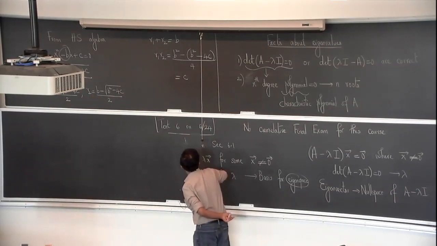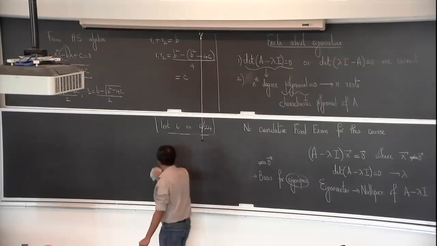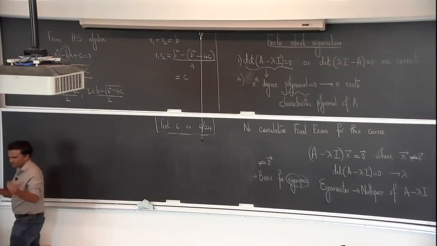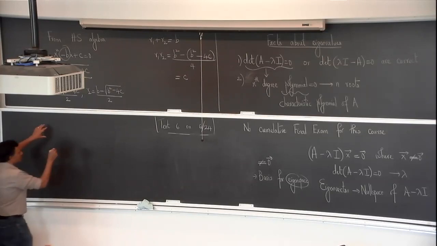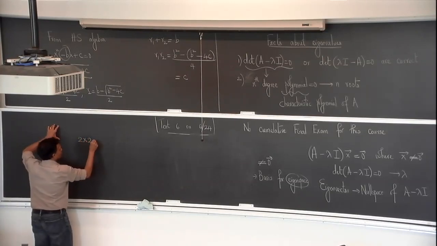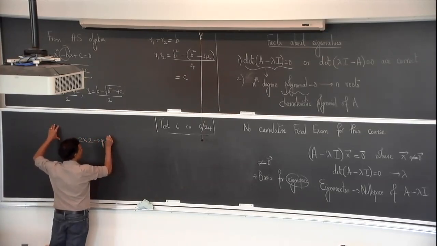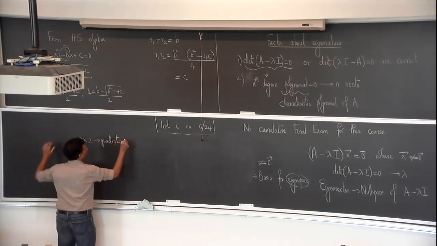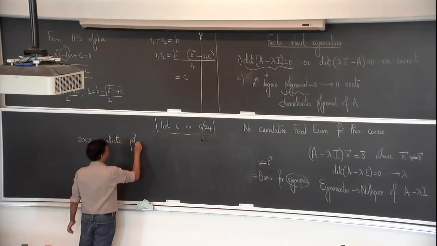The 2 by 2 case is pretty easy because we have talked about this even in differential equations. So for 2 by 2, it's a quadratic equation or a quadratic polynomial equal to 0.